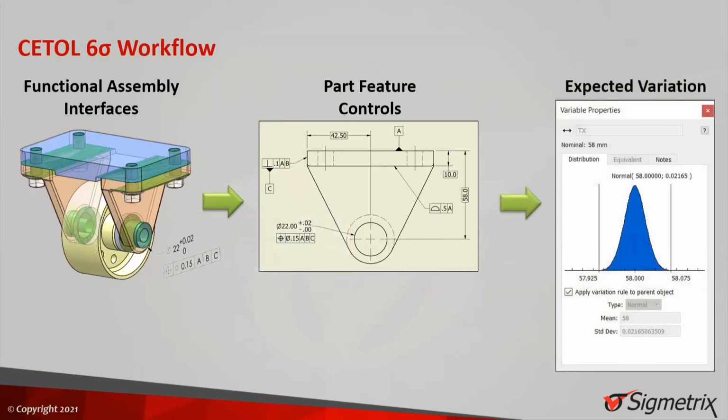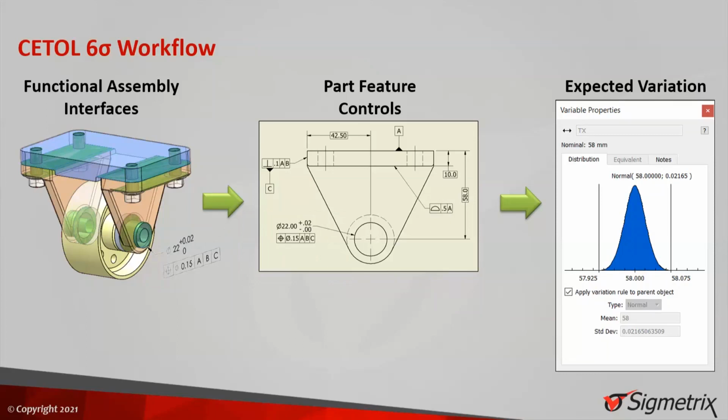So that if you have any design change, it will be updated automatically in CETOL. And the third step, you can base on your actual variation to determine which distribution of the manufacturing data should be analyzed in the CETOL.